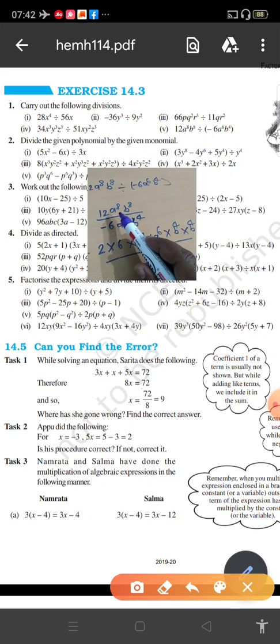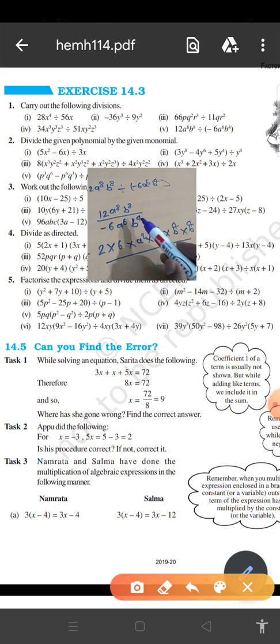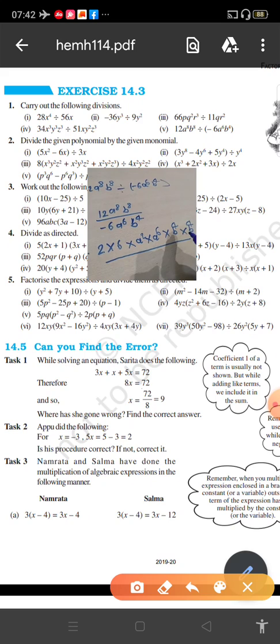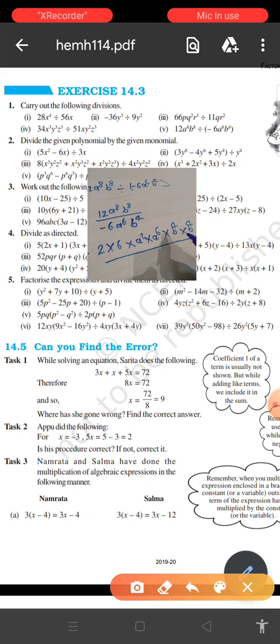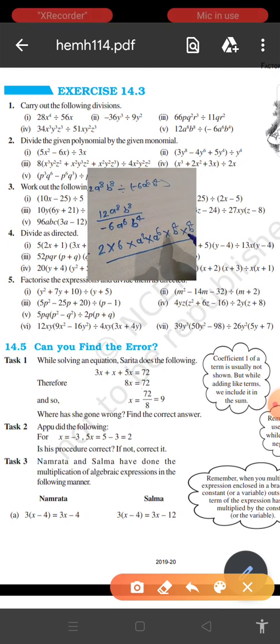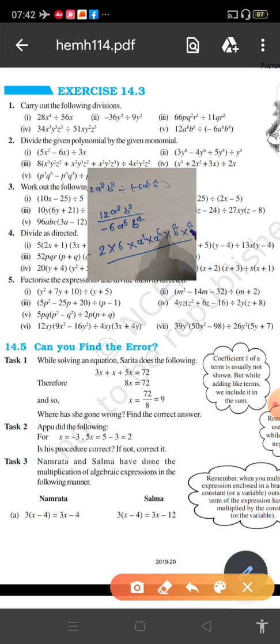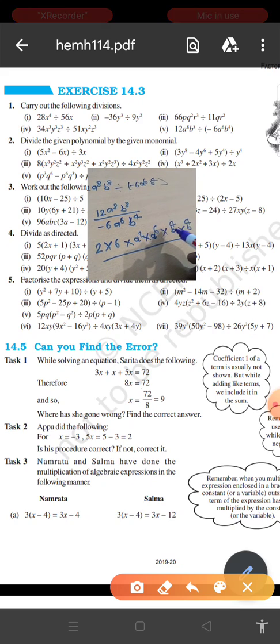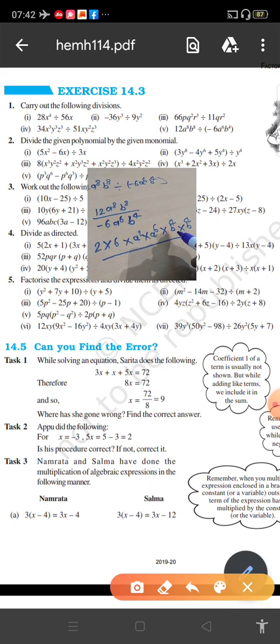So here a power 8, and here b power 8. So we break it as b power 4 into b power 4 according to that law, a power m into a power n. Okay, if the bases are the same in the case of multiplication, the powers will be added. So we can write b power 8 as b power 4 into b power 4.